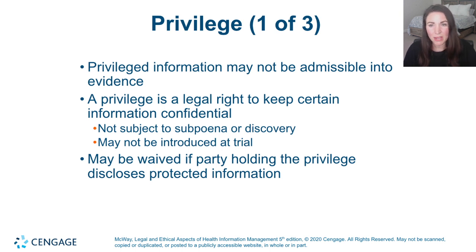This requirement can be waived if the party that has the privilege, so the party whose health record it is, discloses the protected information, whether by accident or intentionally. Okay, so if they accidentally release this information, like in a discovery request, then the other side can then use it in the trial.